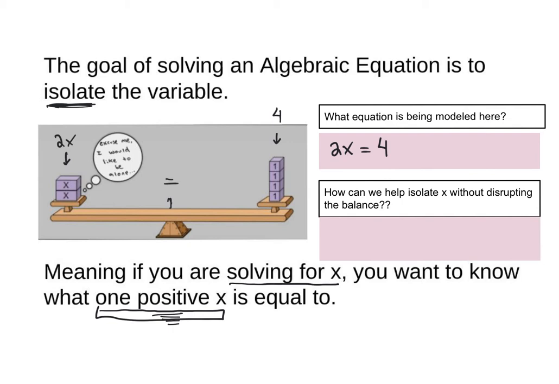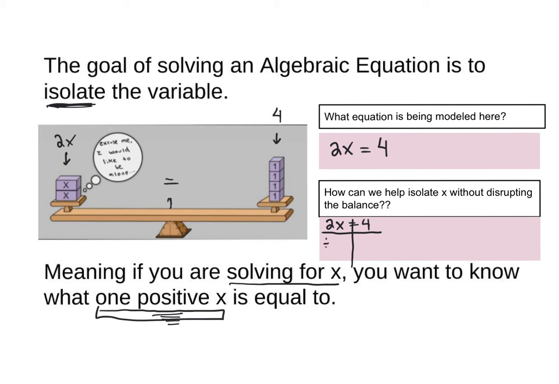And so what we came up with in class was there were a couple things we could do. But the easiest way to look at this is if we are using this equation, 2x equals 4. So we can pop our little t-chart down and notice that if we divide each side of our equation by 2, then we will end up with one positive x on one side and a number on the other.